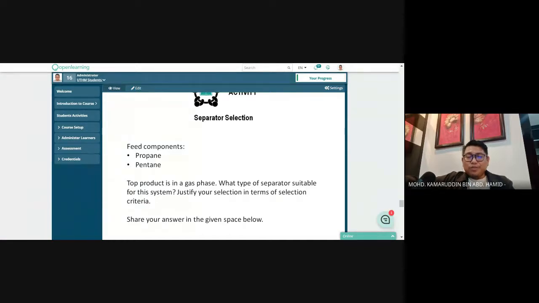So when you want to solve engineering problem, especially engineering design problem, you always analyze the options. Contoh kita ada 7 separator, then kita zoom in out. Kita remove several separator yang able to produce liquid at the top sebab kita nak gas at the top.